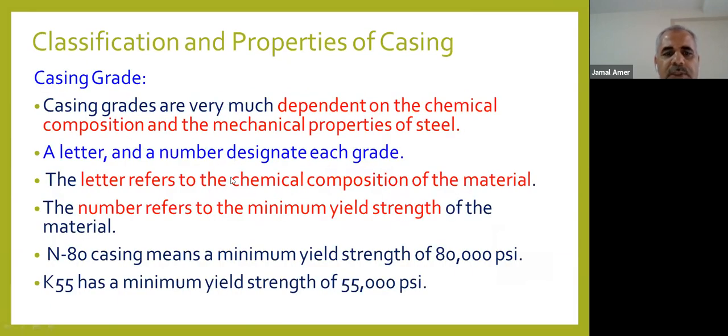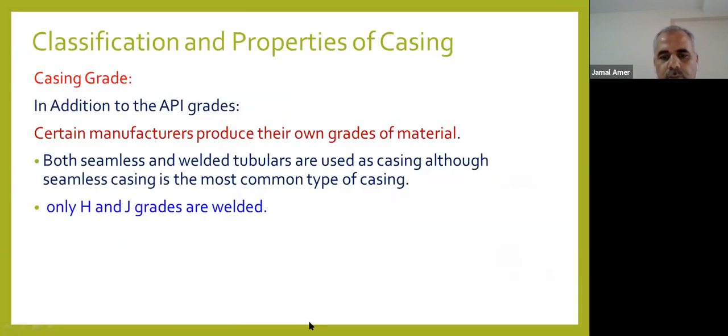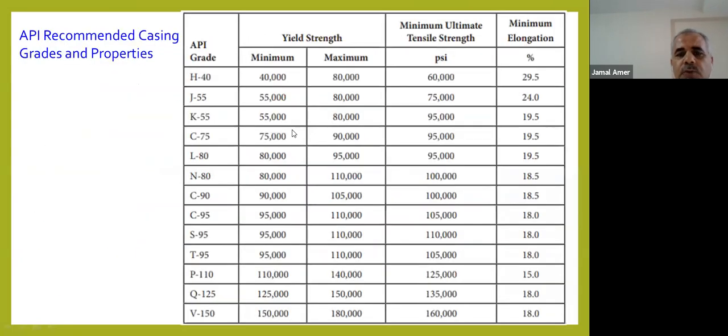What is meant by grade? As we see in this table, we have the API grades: H40, J55, K55, C75. What do these numbers mean?